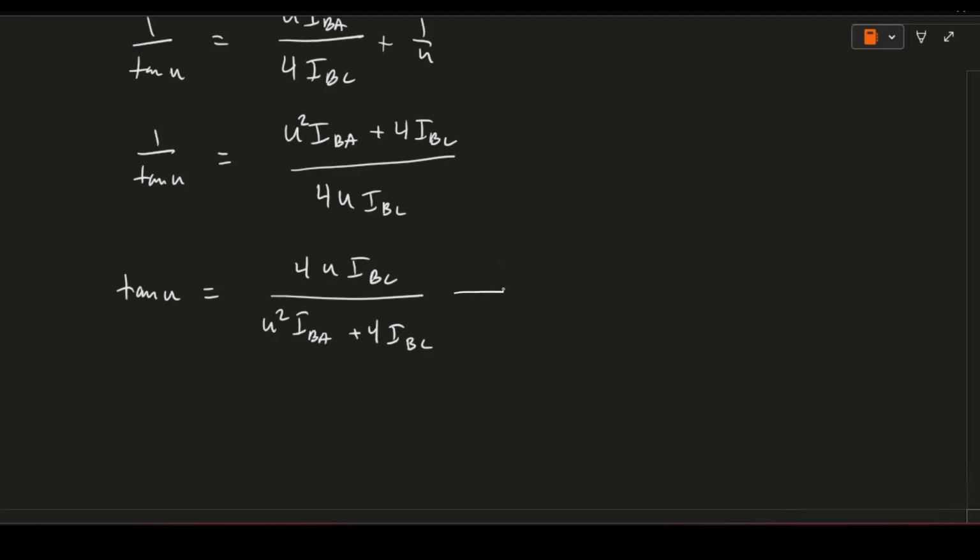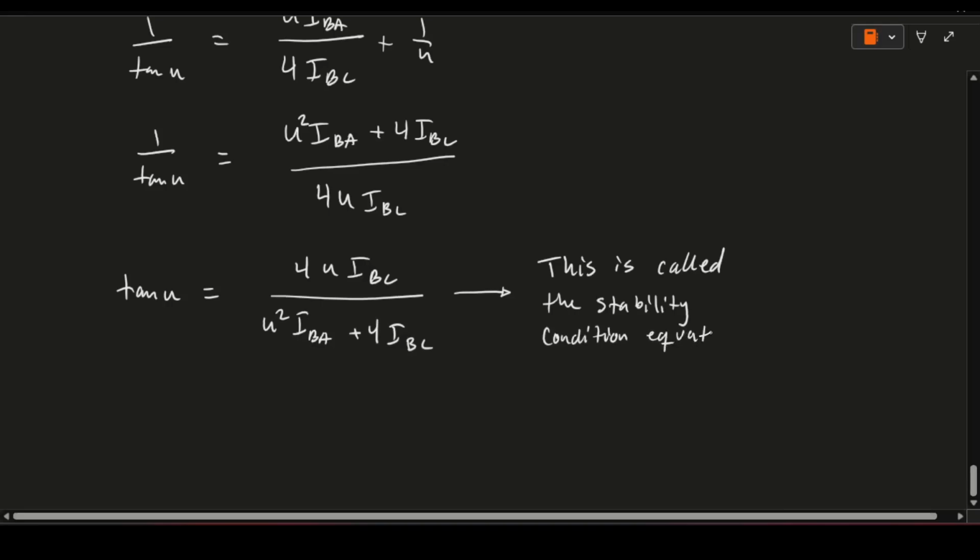And this equation is called the stability condition equation, or just the stability equation.